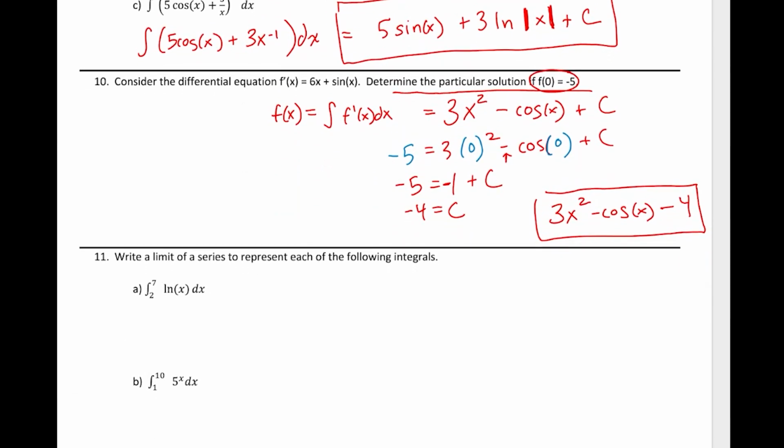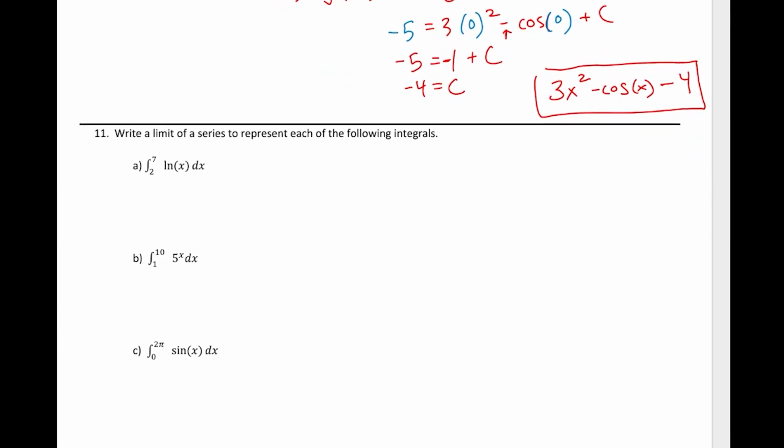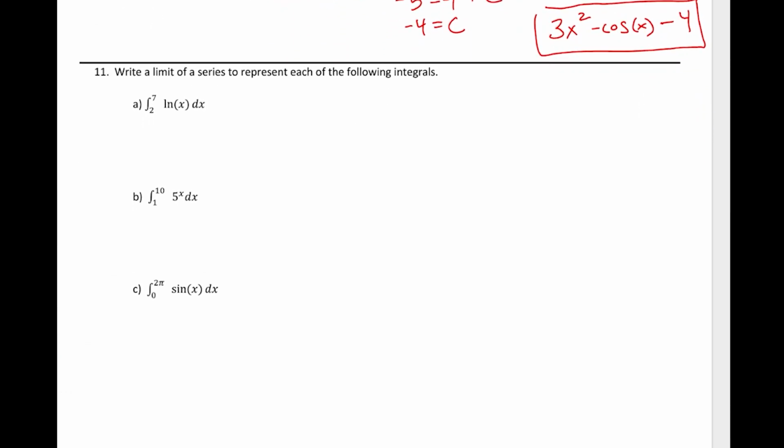All right, let's get into some series here. This is really what the lesson was primarily about. So I'm sure you were wondering when these problems were going to eventually come up, but here they are. Number 11 says write a limit of a series to represent each of the following integrals. So remember what we talked about in class, how what we're trying to do here is find the exact area under the curve.